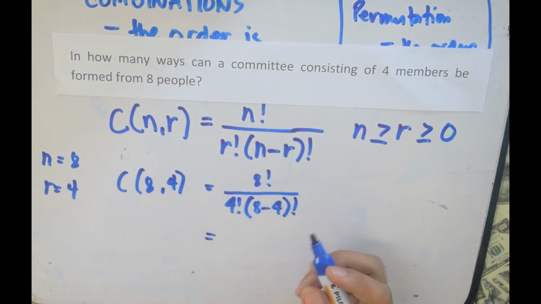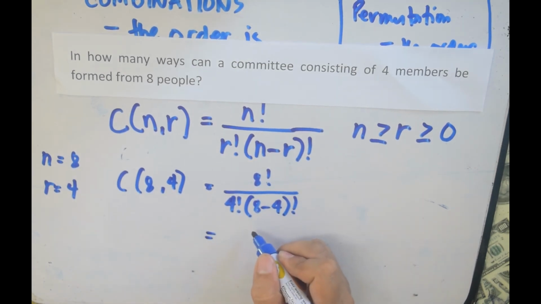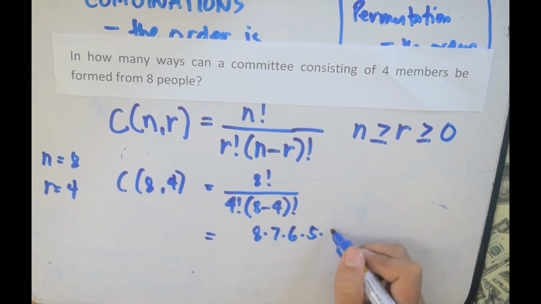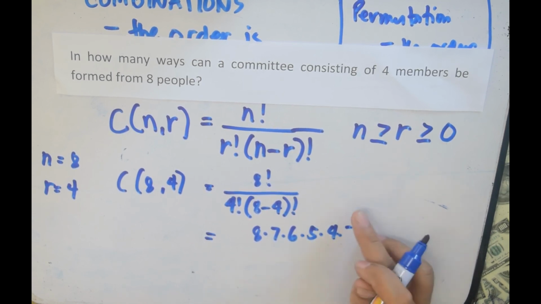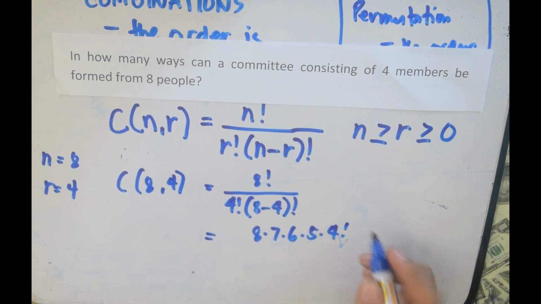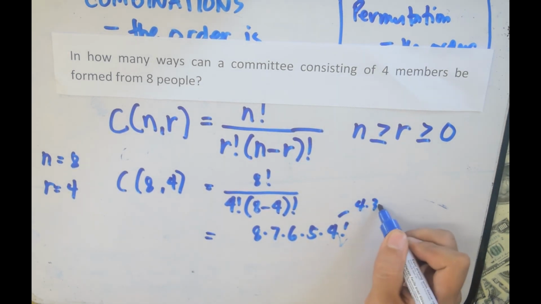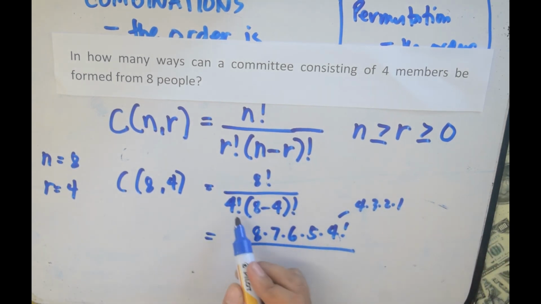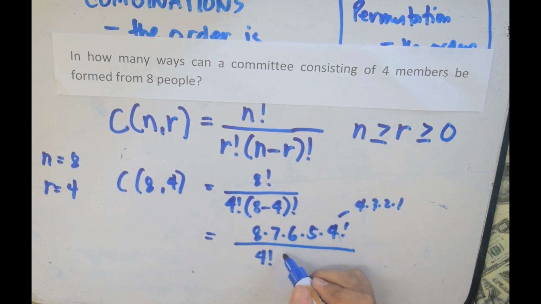That is equal to 8 factorial, 8 times 7 times 6 times 5 times 4 times, until 4 factorial, because 4 factorial is 4 times 3 times 2 times 1. So I can cancel out the 4 factorial, since 8 minus 4 is 4 factorial.